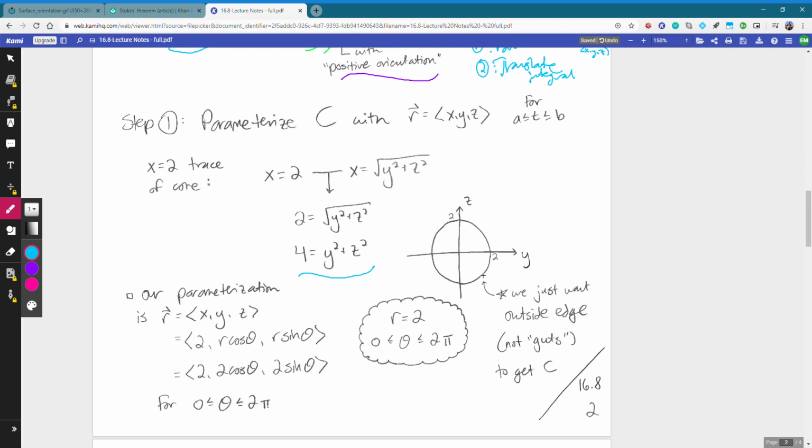But now, recall, we are not parametrizing a surface now, we're just parametrizing a curve. So we don't want this filled in or anything. We really just want this outside edge. And so to describe that in polar, we can just say the radius is going to be 2 all the way around, and we can use angles from 0 to 2 pi to get the whole circle.